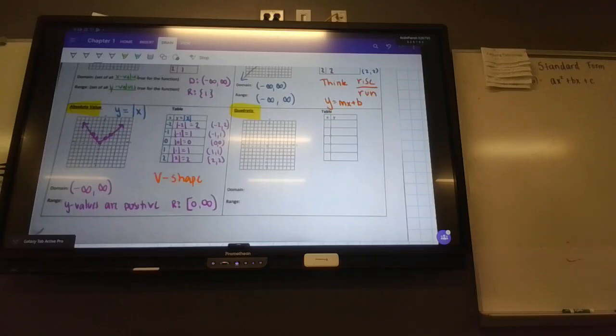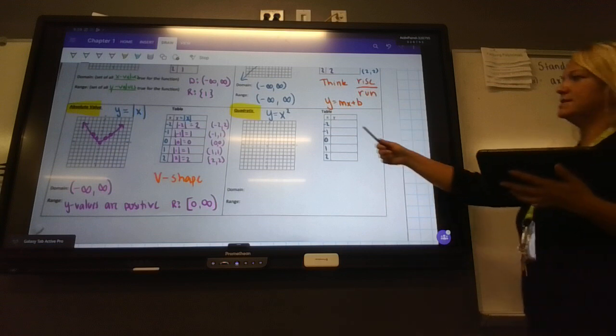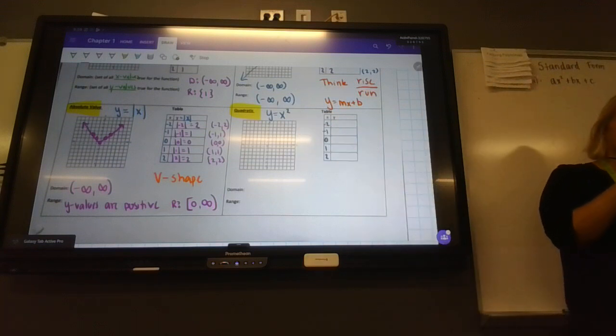And lastly, the quadratic. y equals x squared. Same table, -2, -1, 0, 1, 2. Alright, so now we're plugging x into this equation, y equals x squared.